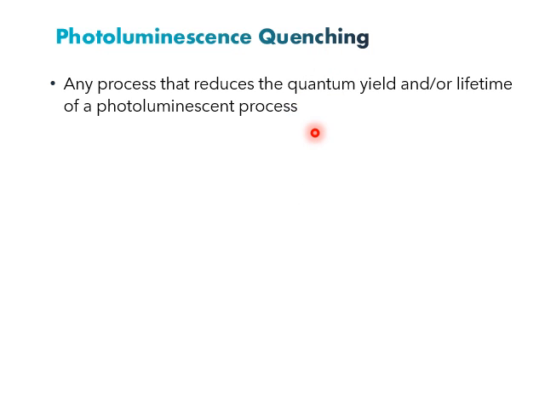We're going to touch, again, not on a large level of detail, but kind of scratch the surface of this type of process. All right, so the first major category of photoluminescence quenching is energy transfer, which will be abbreviated as ENT to distinguish it from electron transfer, which is just abbreviated as ET.